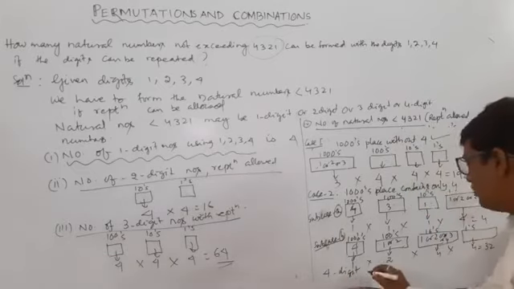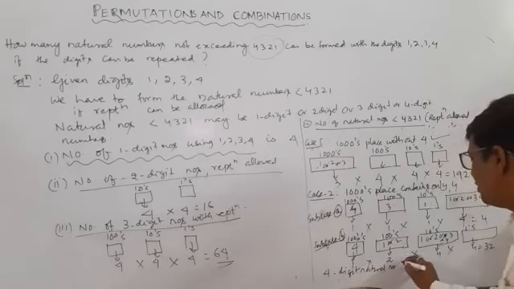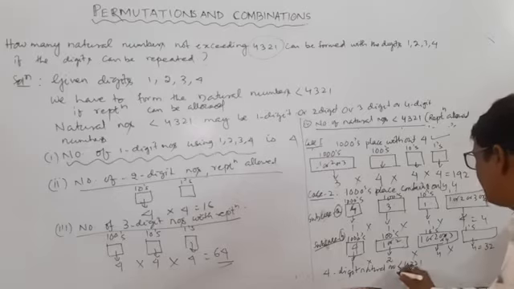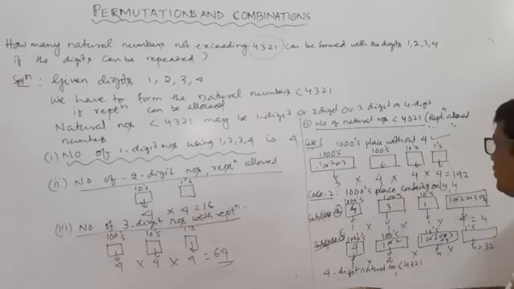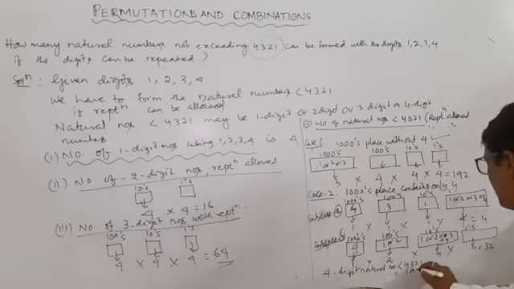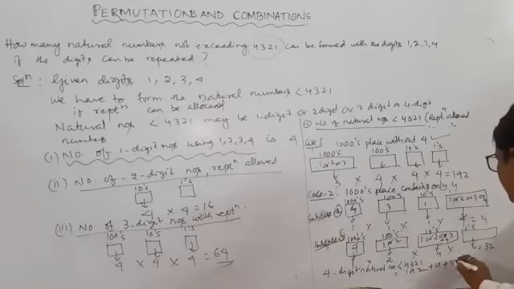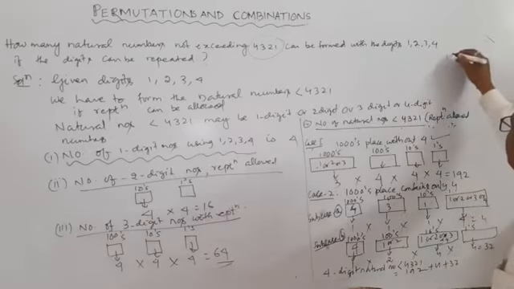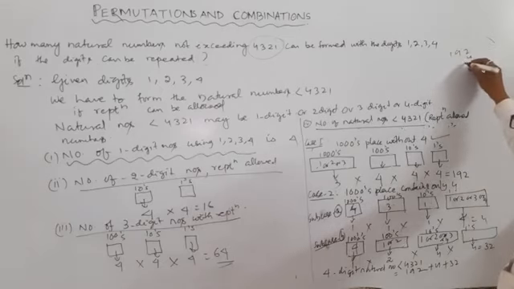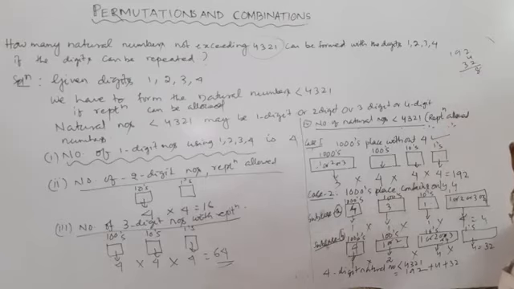Therefore, the total number of 4 digit natural numbers less than 4321 is equal to 192 plus 4 plus 32. 192 plus 4 plus 32 is equal to 228.